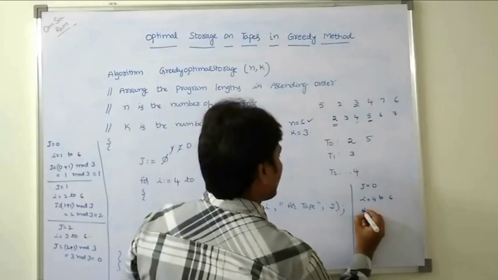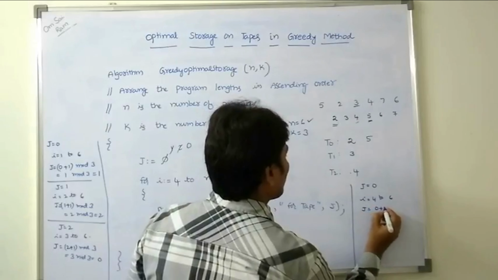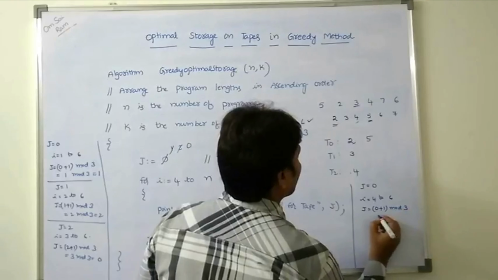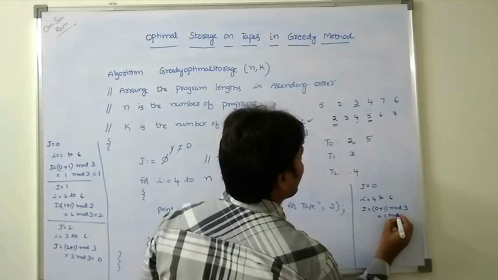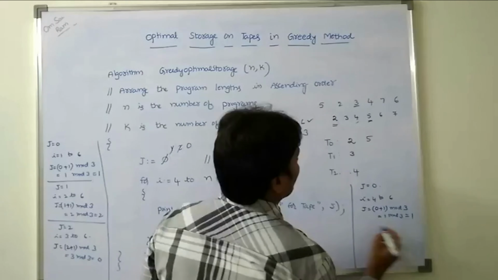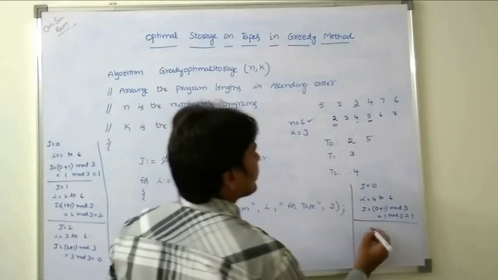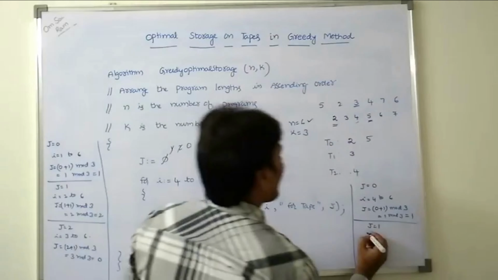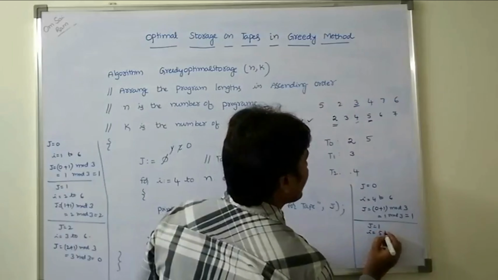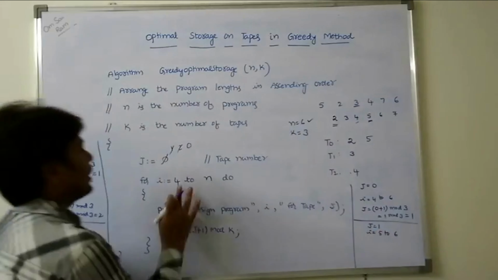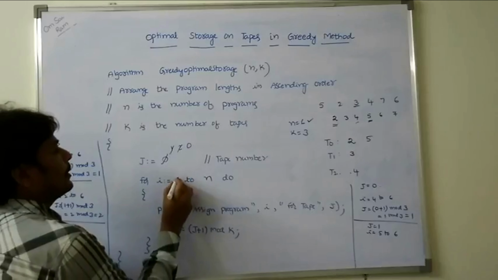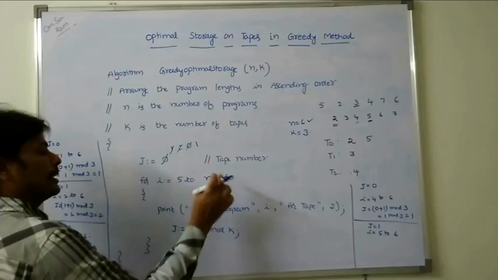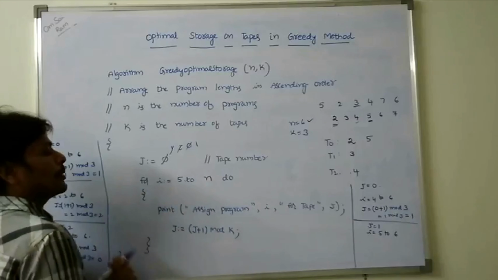Next, j is equal to 0 plus 1 mod 3, that is 1 mod 3, which is equal to 1. Next iteration, now j is equal to 1, i is incremented, now i is equal to 5 to 6, now i value is 5 and j value is 1. So 5 to 6 is true, the program enters into the loop.